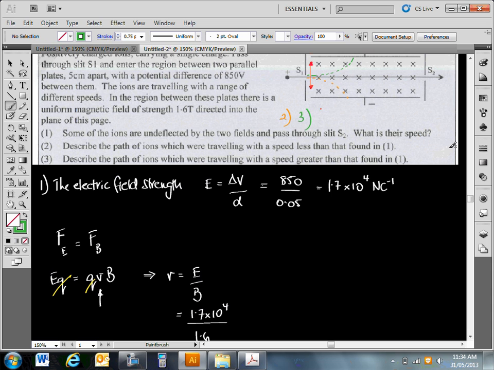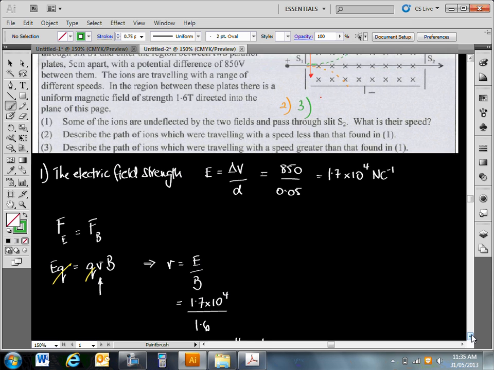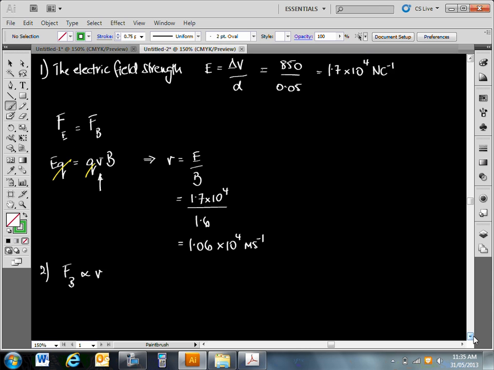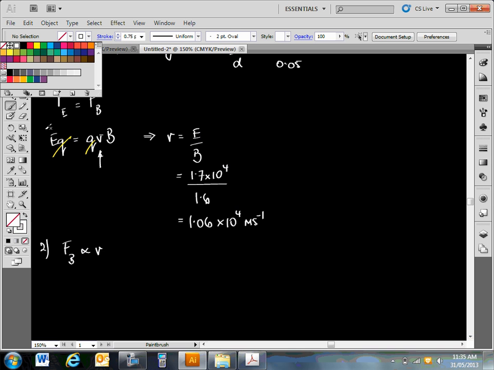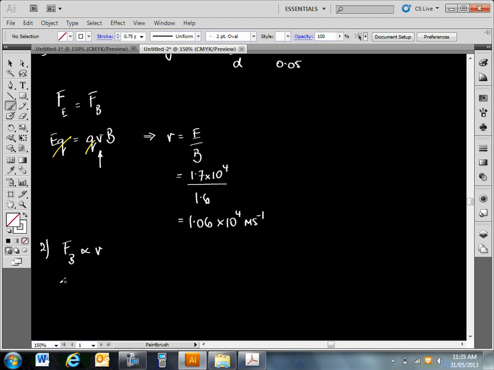Okay. We better say something about that. F sub B is velocity dependent, F sub E is not.